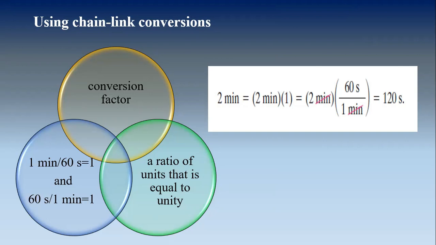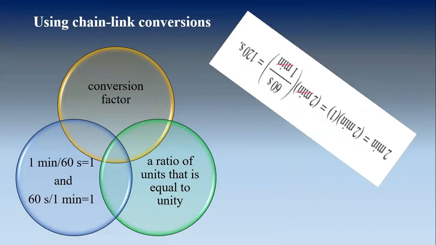For example, 1 minute is equal to 60 seconds. Then 1 minute over 60 seconds will be equal to 1, and 60 seconds over 1 minute is also equal to 1. Thus, the ratios 1 minute over 60 seconds and 60 seconds over 1 minute can be used as conversion factors.